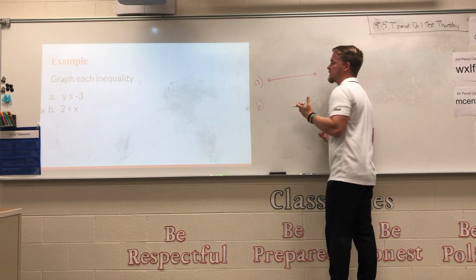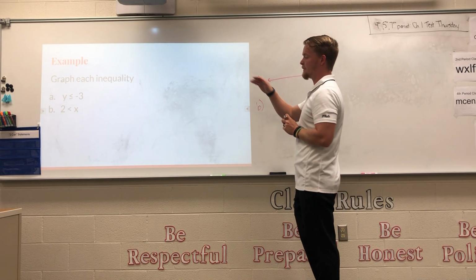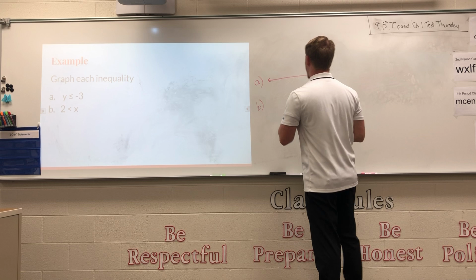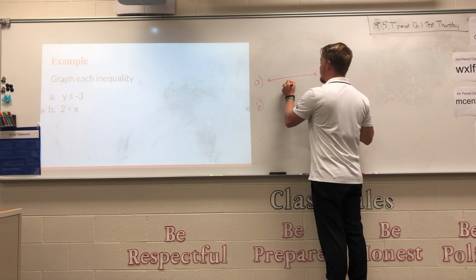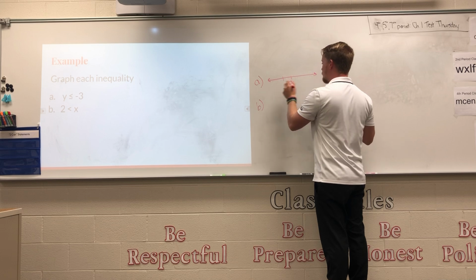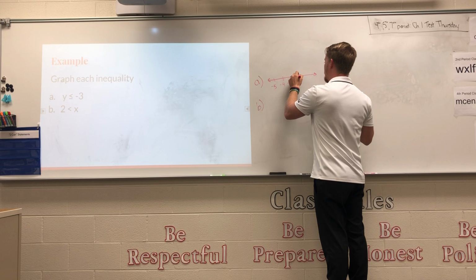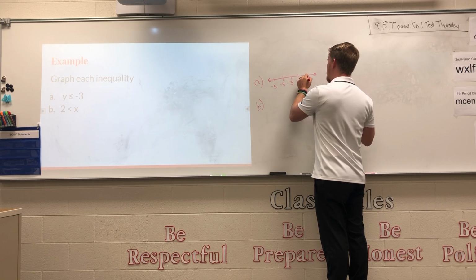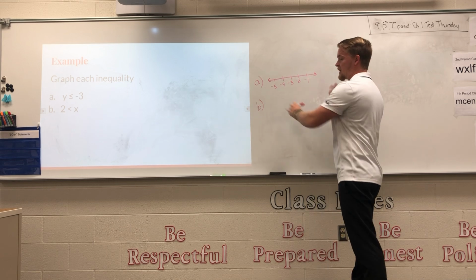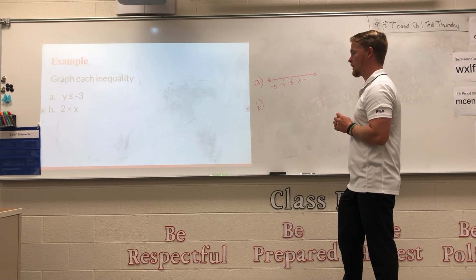It doesn't matter where you start or what your intervals are. All that matters is you have negative 3 on that graph. So I usually would put negative 3 in the middle, and then go left or right by 1 or 2. So negative 4, negative 5, and on the right side, negative 2, negative 1. Again, you can extend that if you need to. The main thing is just have negative 3 on there.